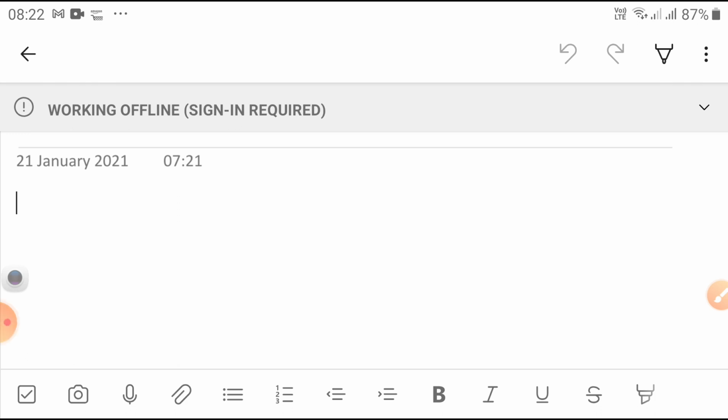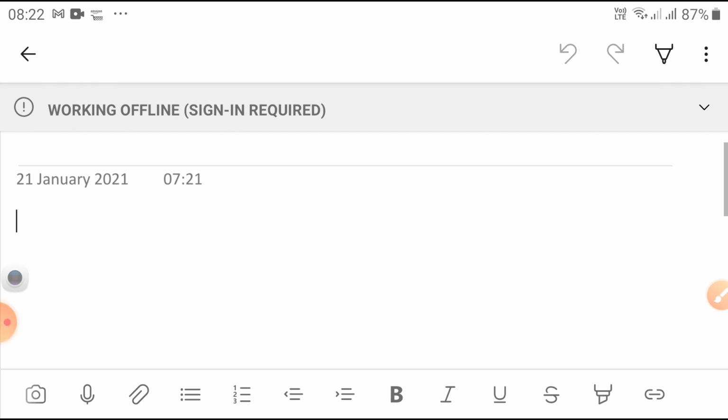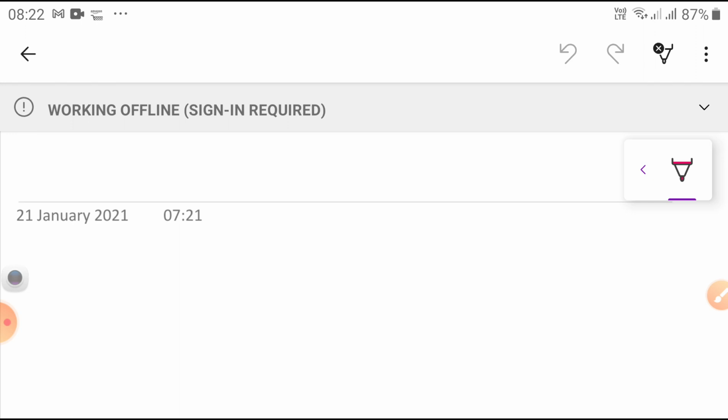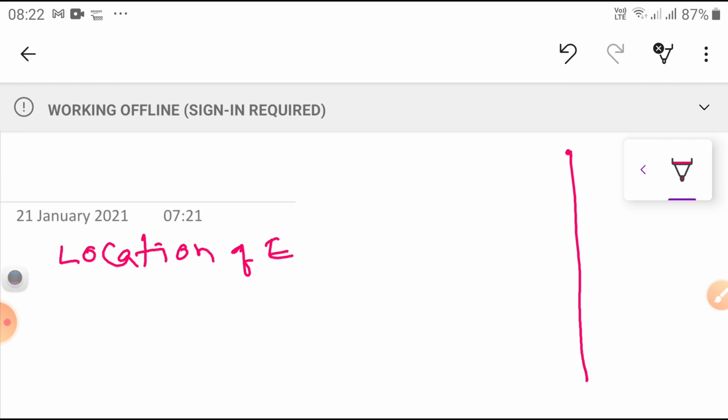Location of E. What we have seen from here is this is B, and we take G, and here I take F. We know that this is the fixed losses, and this is the copper losses.